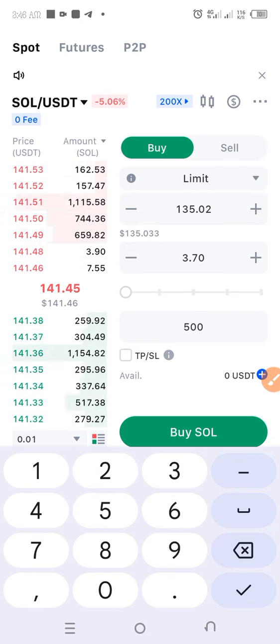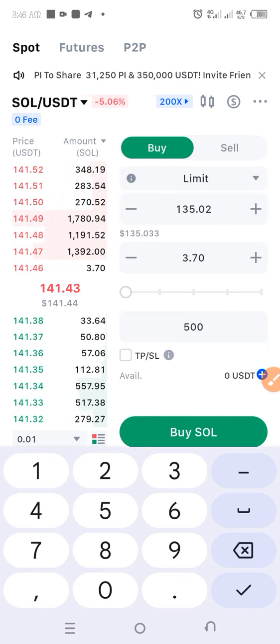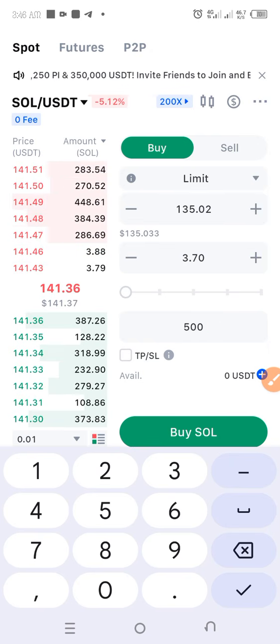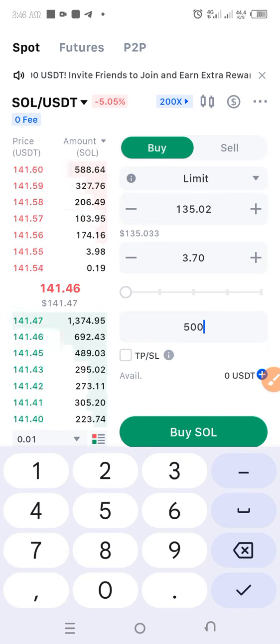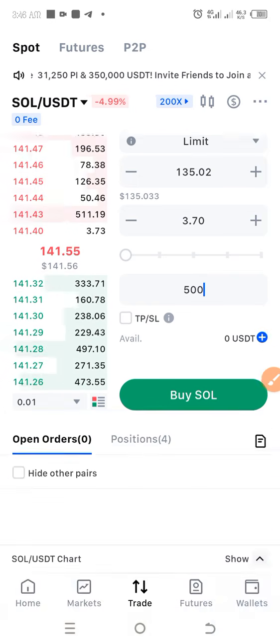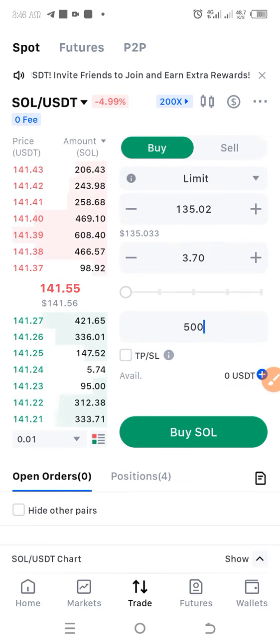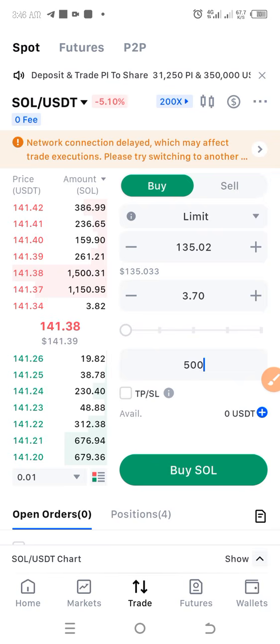Then as at current market, you just have to set your TP, so that once the price climbs up, you sell. Either you put your take profit or you sell it manually, but I prefer you put your take profit. You just put the limit that once the price climbs to maybe 140, you should sell.